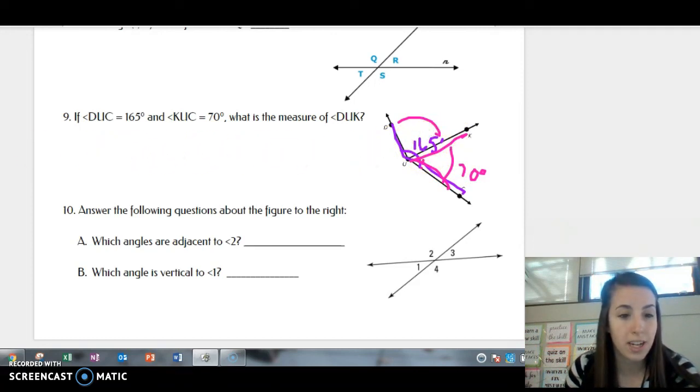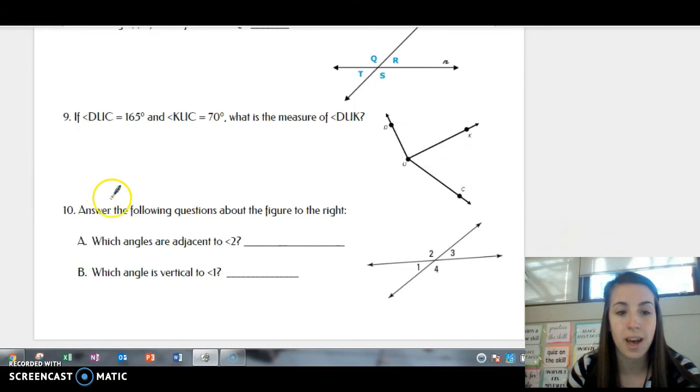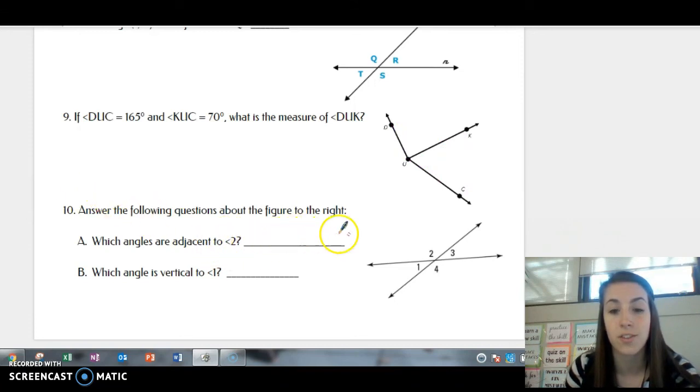I believe the last question here is just asking you about adjacent angles and vertical angles. I already told you that adjacent angles are angles that are next to, that share the same line and vertex. And on this one, it's for angle 2. So here's the second line and vertex. So see if you can find the angles that are next to or adjacent to 2.